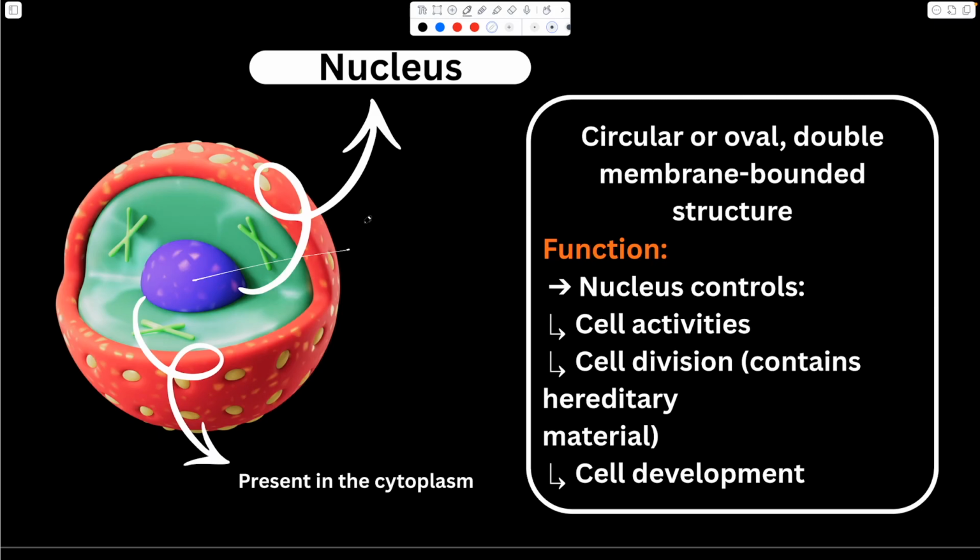It contains genetic material first. It contains DNA. What is DNA? Deoxyribonucleic acid. The nucleus controls the cell activities. So your nucleus is like your brain that controls your whole body, right? So the nucleus is like the brain of the cells.